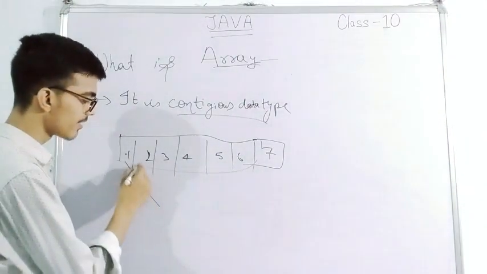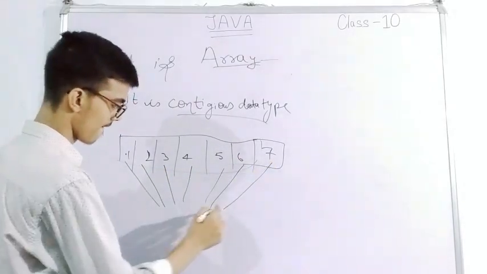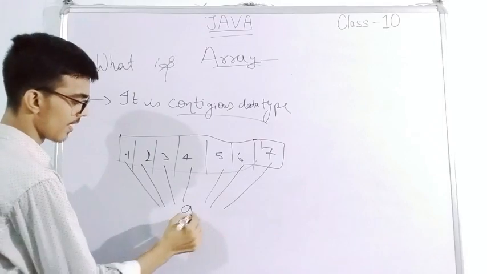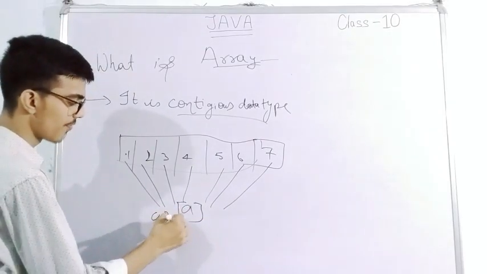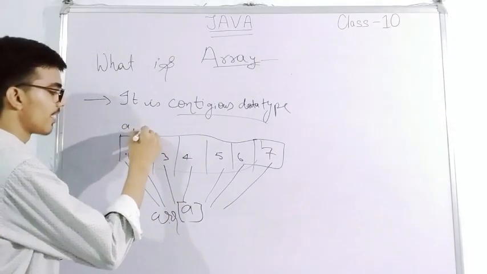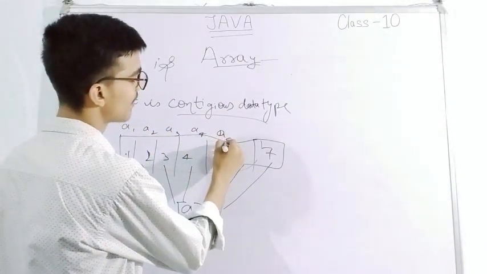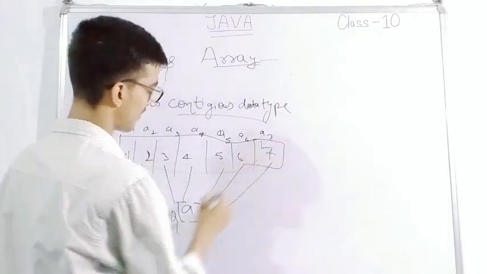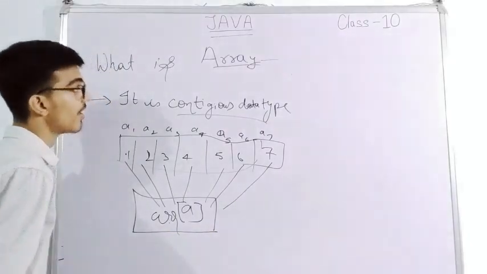We store this in one element of array. This is A1, A2, A3, A4, A5, A6 and A7. So we store it in the array.